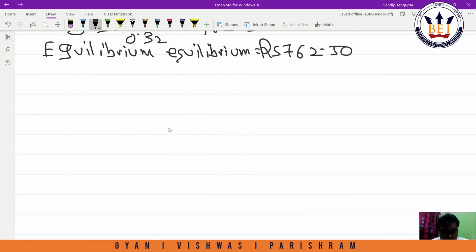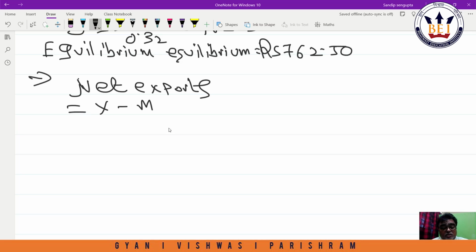Second part is they asked to find out net export. Net export is X minus M. So what is that? 30 plus 0.2Y, means 762.50, minus import.